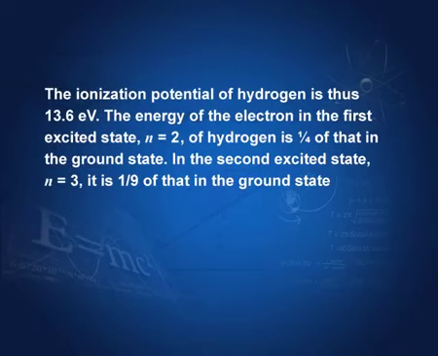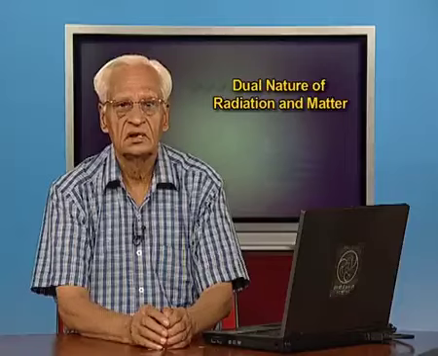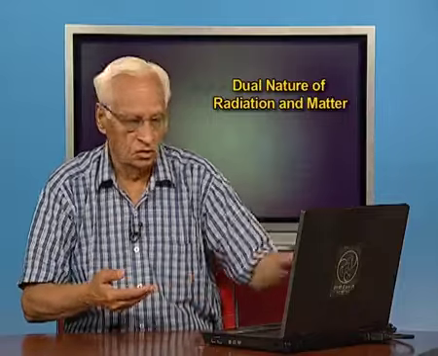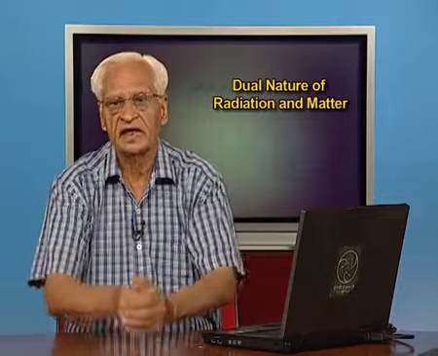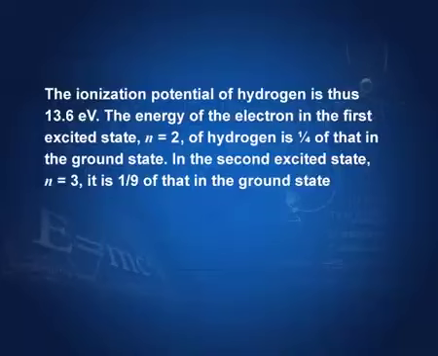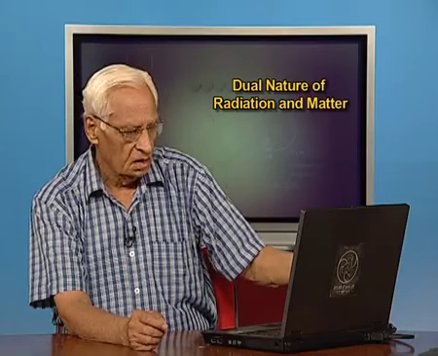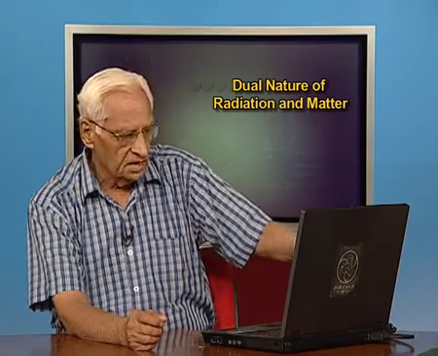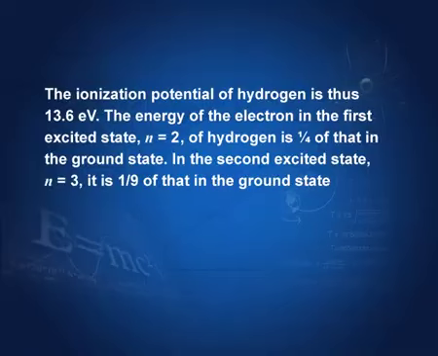This is the energy that I must give to the atom to take this electron in the ground state out of the atom or to ionize the atom, and therefore, the ionization energy of hydrogen is 13.6 electron volts. For the energy, there is an n square here, which we have not written because of n equal to 1.